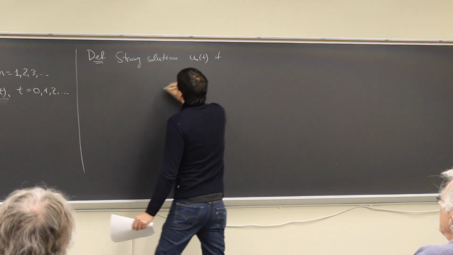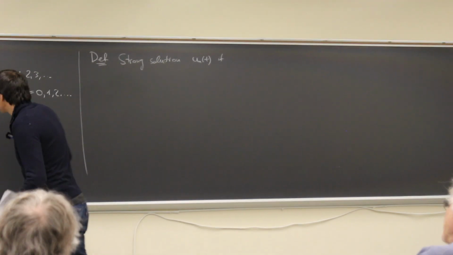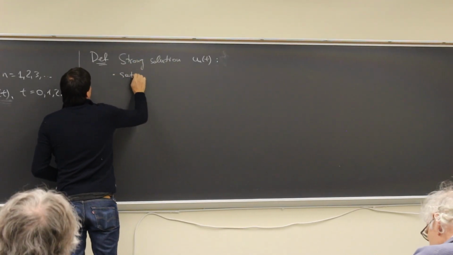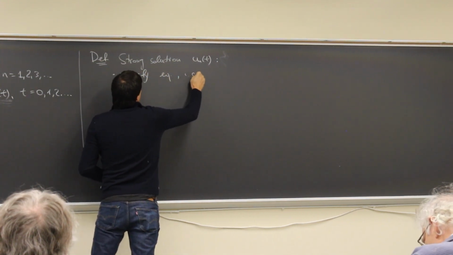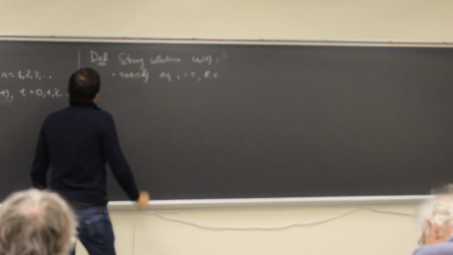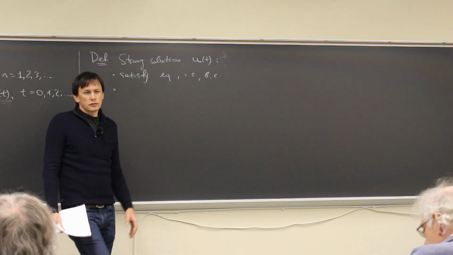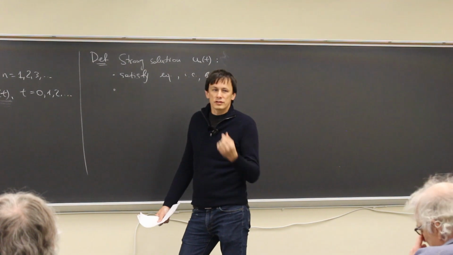So a strong solution must satisfy the equations, initial conditions, and boundary conditions. And in partial differential equations, what strong solution means is that it belongs to some good space, for example it's differentiable, which means that there is a fast decay of motion at small scales.